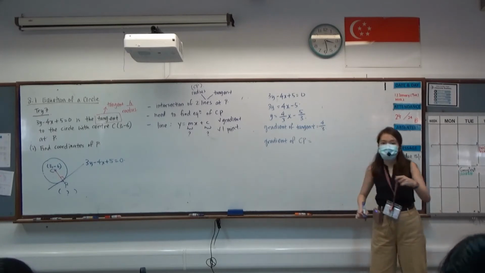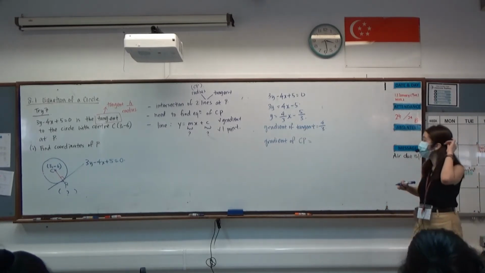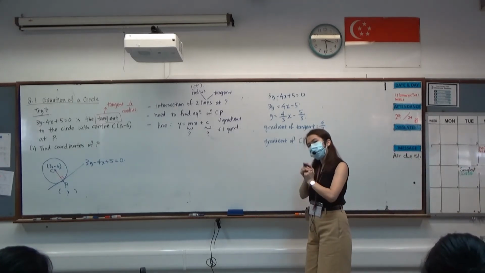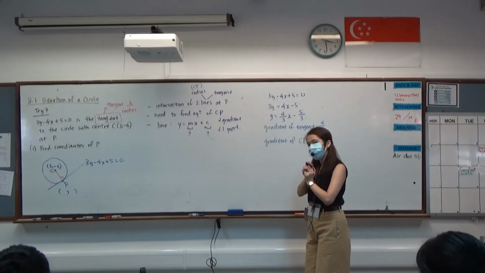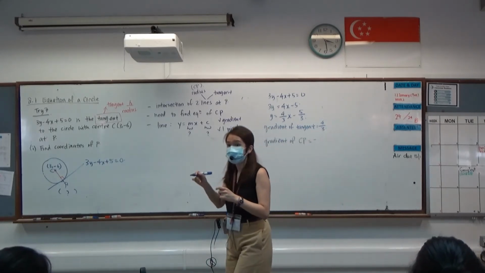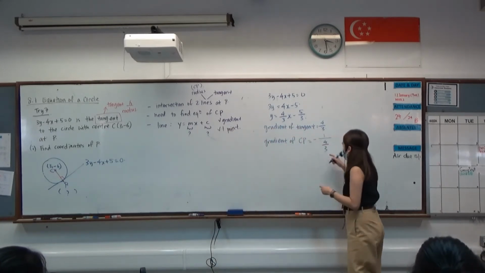And therefore the gradient of CP would be, what would it be? Negative 1 over 4 over 3. Okay, negative 1 over 4 over 3.